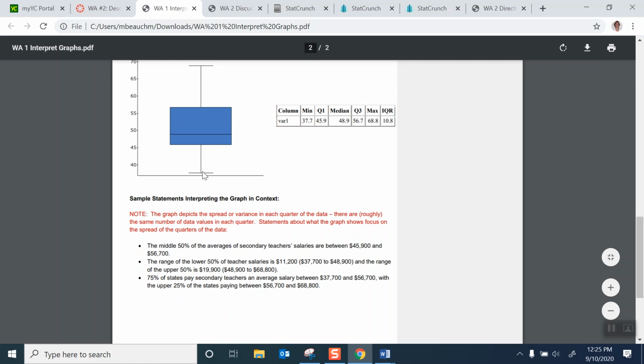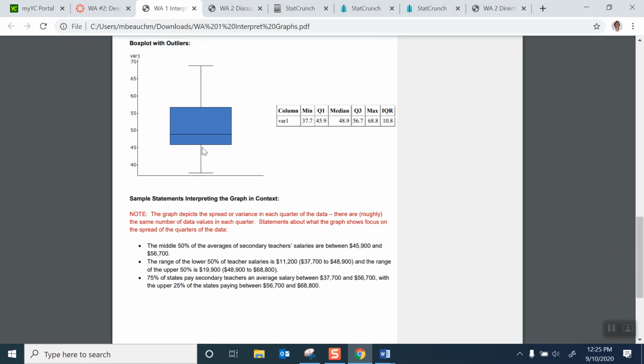So you could talk about the 25th percentile is $45,900. That means 25% of the states have $45,900 or less. You can talk about the middle 50%. That's in between the first and third quartiles. So the middle 50% are between 45,900 and 56,700.